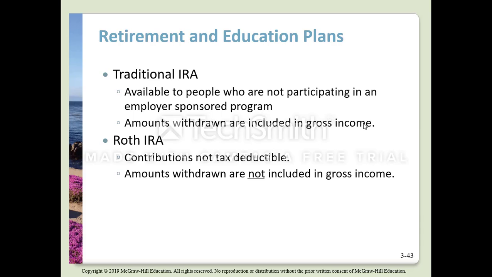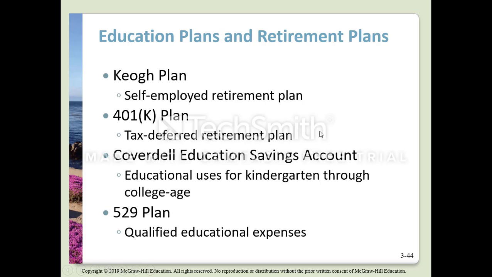Or there's a Roth IRA, and that's one where you don't put money into a retirement account until after your taxes are taken out. So again, these decisions are made on what tax strategy makes the most sense for you. And here are some more examples of those kinds of investments.